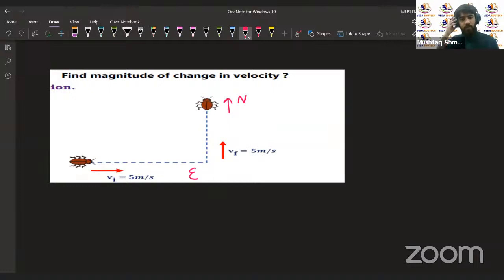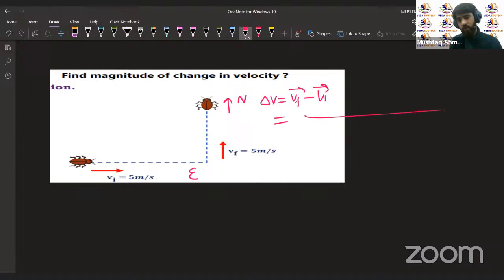So change in velocity will be final velocity minus initial velocity.